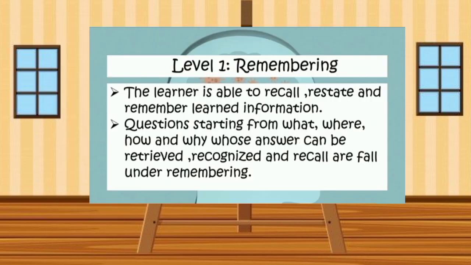The learner is able to recall, restate, and remember learned information. Questions starting with what, where, how, and why, whose answers can be retrieved, recognized, and recalled, fall under remembering. Remembering is all about recalling your previous lessons and learnings.